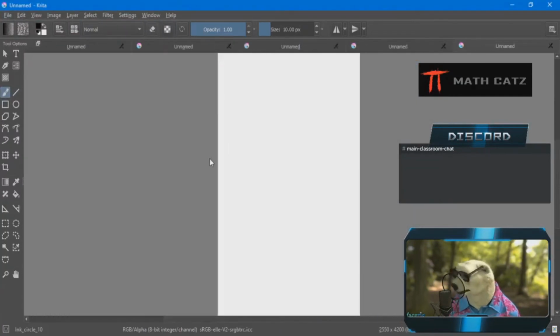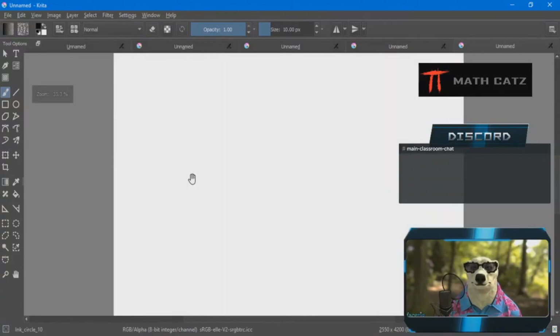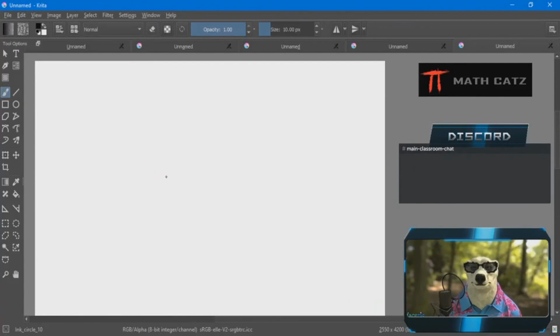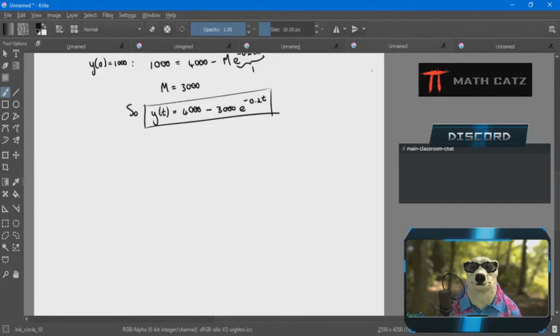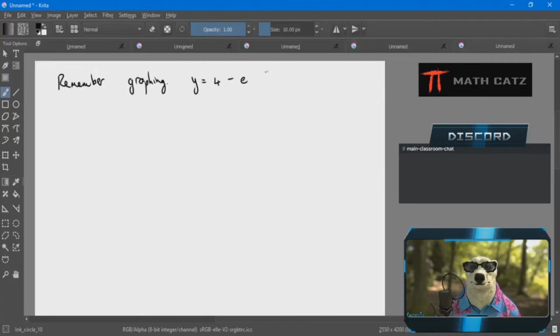If I go back to my transformations of basic exponential functions, and I just take something simpler, let's remember, if I wanted to graph y equals, let's say, 4 minus e to the, I want to make it look similar to this, right? So I need a negative in front there. e to the negative x. That's simple, while still capturing the essence.